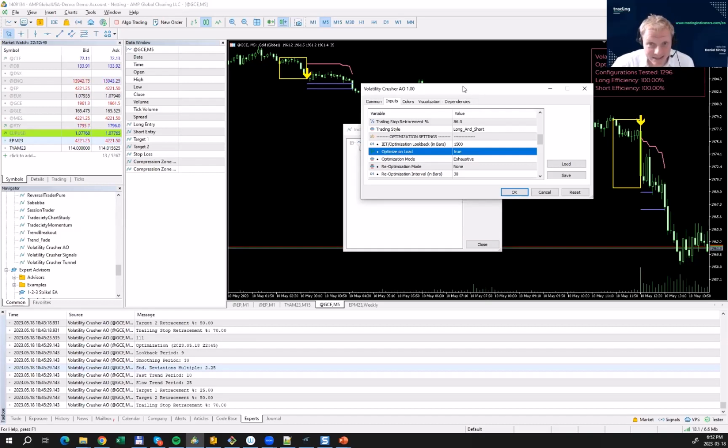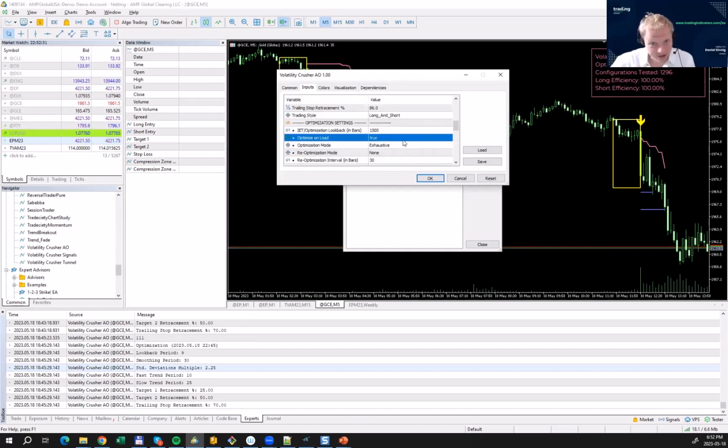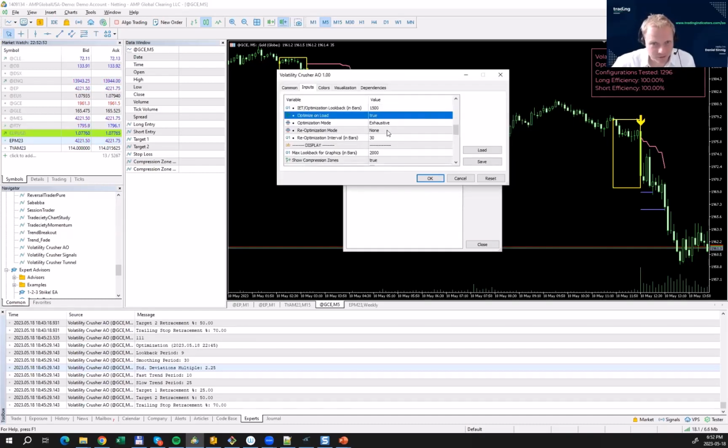But the other thing is that we actually have a feature in our indicators, and in all 3 indicators indeed, which is called re-optimization. By default, it's switched off, but you can switch it on by just changing this parameter here. Let me just switch this, for example, just for the time being, to this value here, interval in bars. What does that mean?